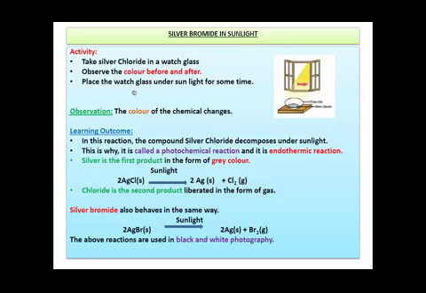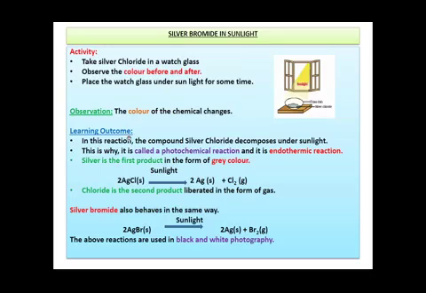So you have to observe the color both before and after some time. Now this watch glass is placed under the sunlight for some time. So the observation is that a color change is noticed. There is a color change of silver chloride after some time.